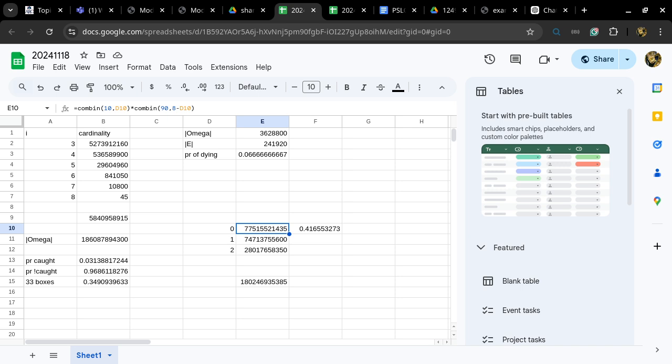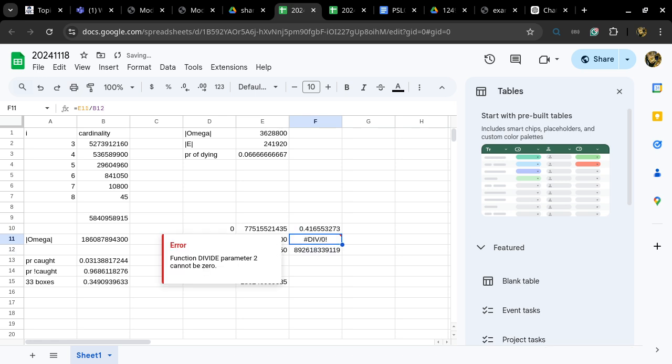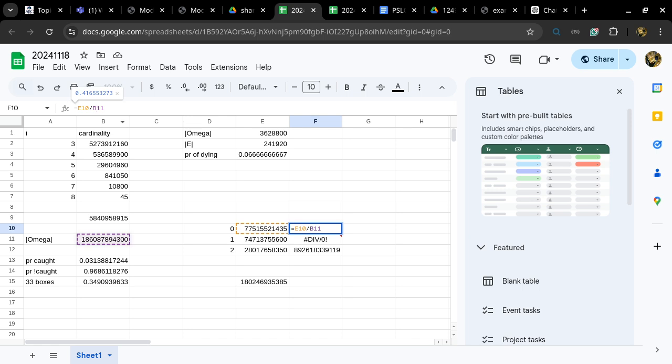I think my math is still correct, because just roughly, they seem to make sense. Between these three, the ones that we're excluding. Oh, wait. Right, because this number has to be an absolute number. So I need to put a $ sign on the row number.